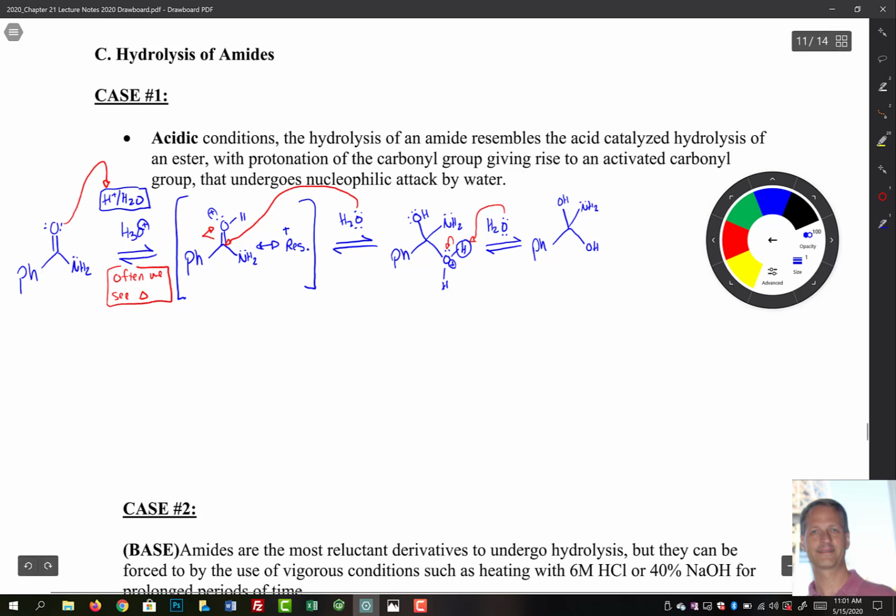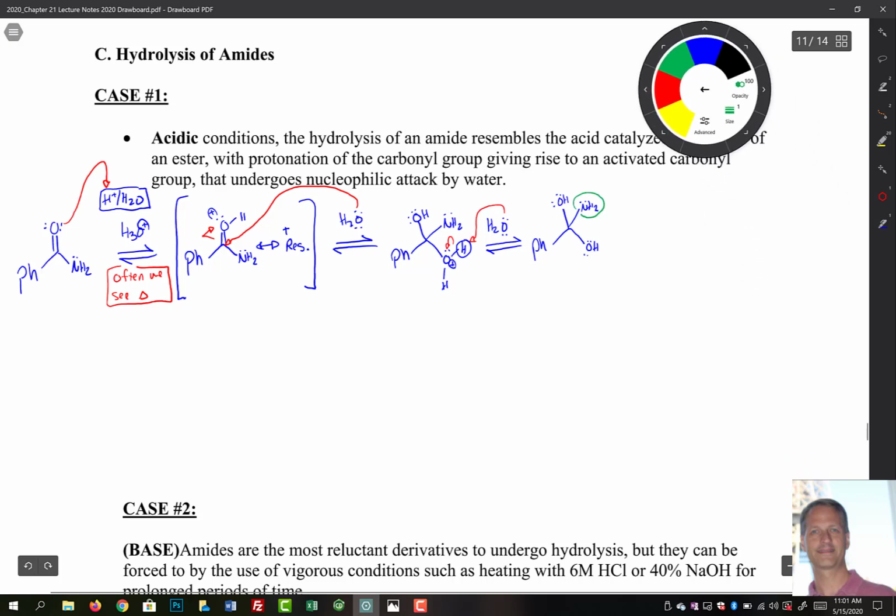Now what's going to happen is we want to have this leave, but we're not going to kick off NH2 minus. Well, we can't do that anyway in a solution that's acidic. So what we're going to do next here is get an H plus from water. Now that's going to make NH3 plus, and then now that's a good leaving group.